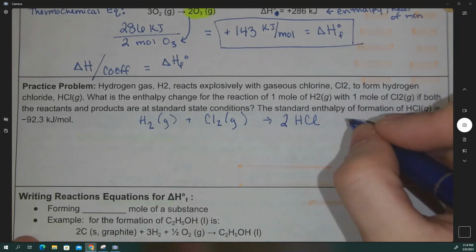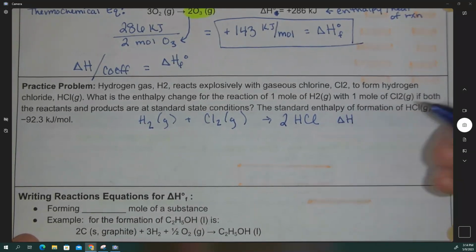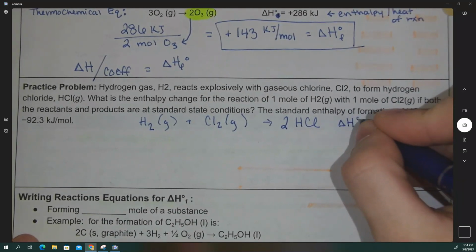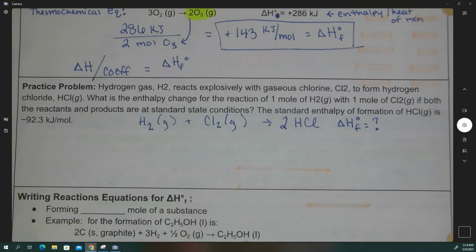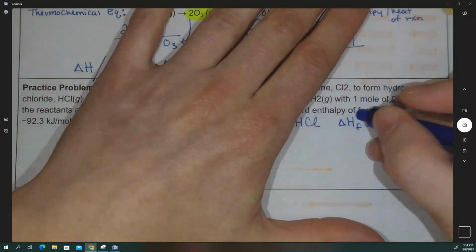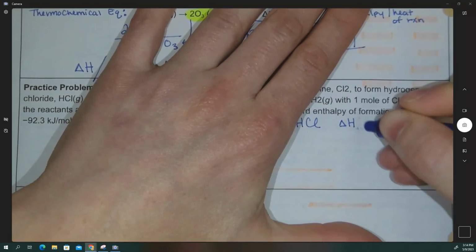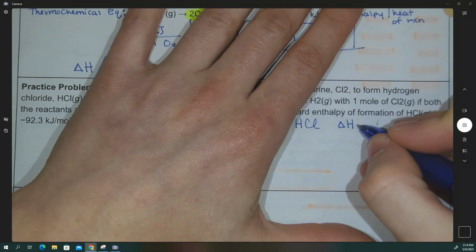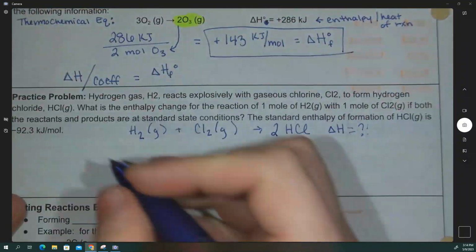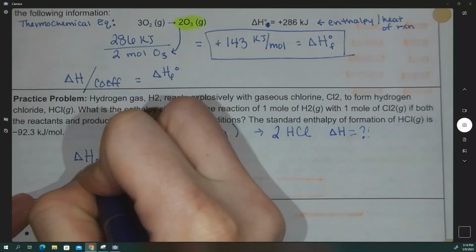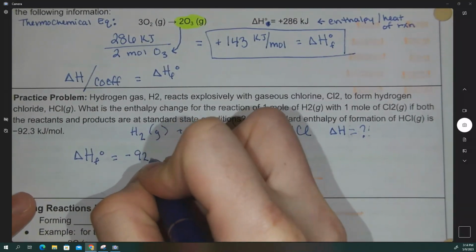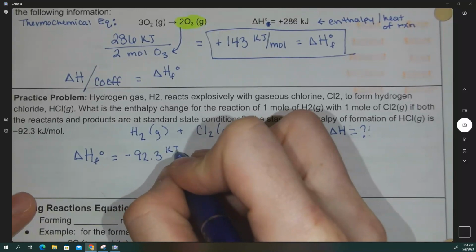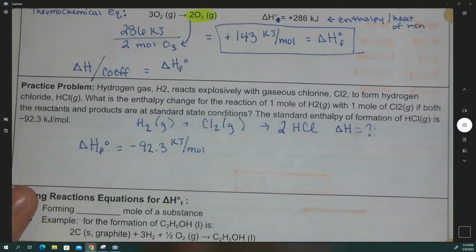It wants to know what our enthalpy of the reaction is. We don't know that, but we do know our enthalpy of formation. So we don't know our enthalpy of the reaction. However, we know our enthalpy of formation of HCl is negative 92.3 kilojoules per mole.